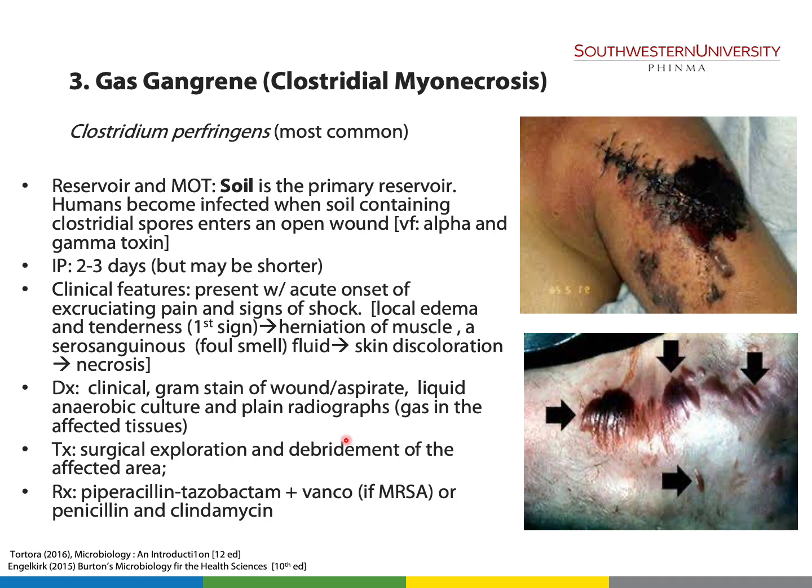Management of this type of infection includes surgical exploration and debridement of the affected area. You can also give antibiotics like piperacillin-tazobactam plus vancomycin if you suspect MRSA, or penicillin and clindamycin.